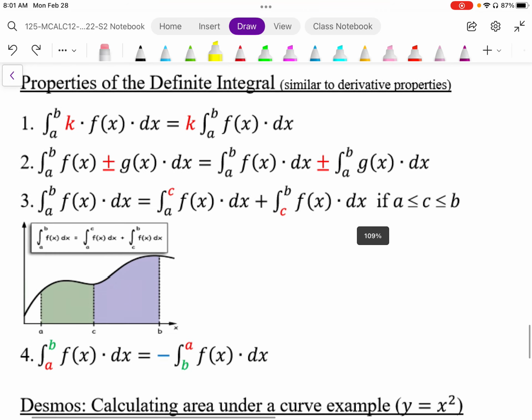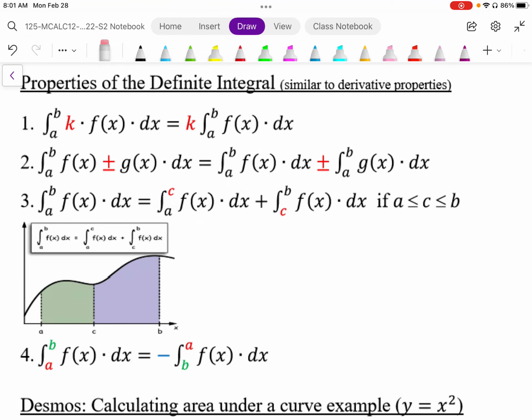Number 3 looks a little bit complicated, but it's fairly straightforward. We have this integral from a to b, so I've drawn this underneath here. If we split this up and integrate from a to c, and then stop, and then start at c and integrate all the way to b, if we think about the area, those two areas are going to be the same.